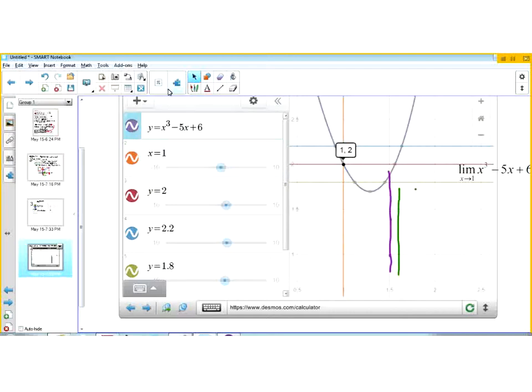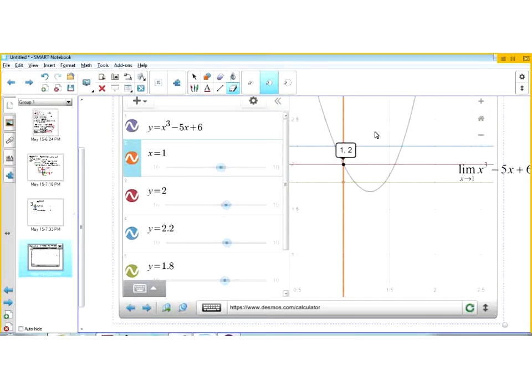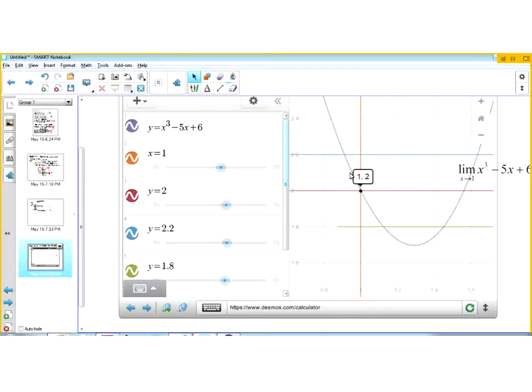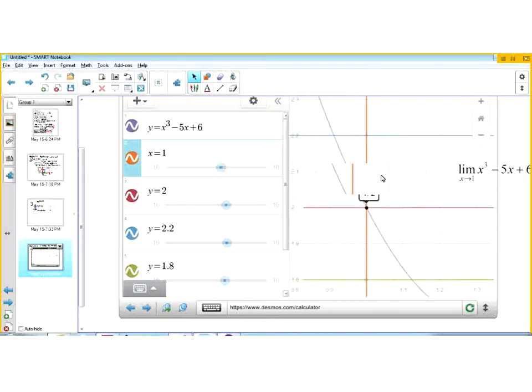They change the programming on this graphing calculator all the time. It's a little bit dicey to handle. Go away, please. All right. Okay. This isn't working very well, is it?